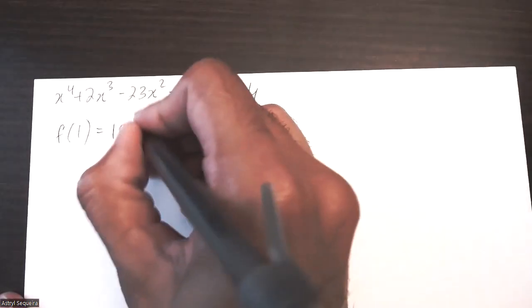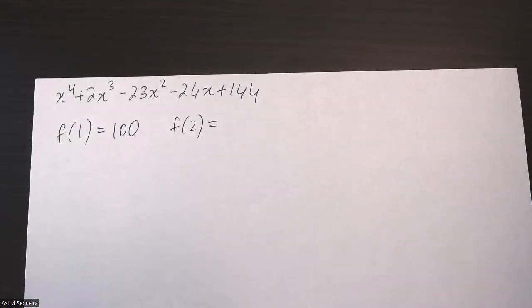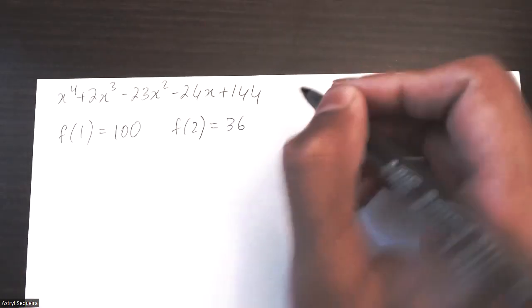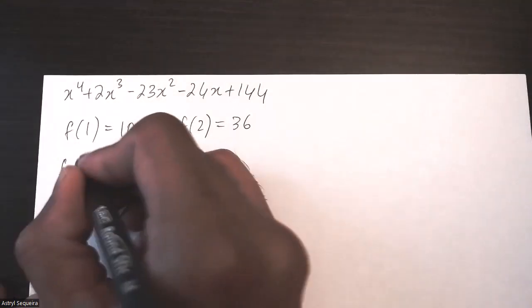Get positive 100. I'll change that and try 2 now. Get 36. I should try my next multiple, which is 3 in this case.